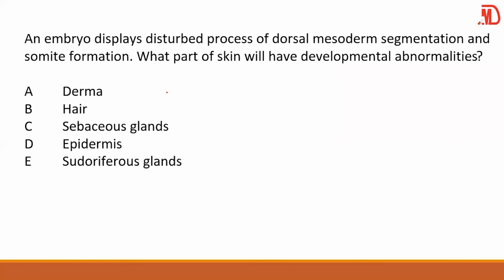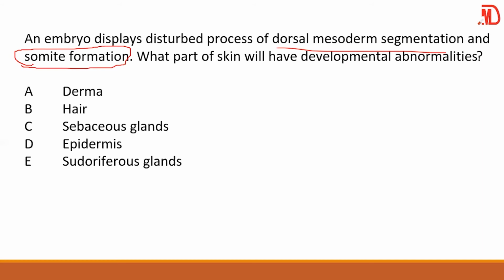An embryo displays a disturbed process of the dorsal mesoderm segmentation and somite formation. Guys, somite formation. What part of the skin will have developmental abnormalities? The word somite usually refers to what?